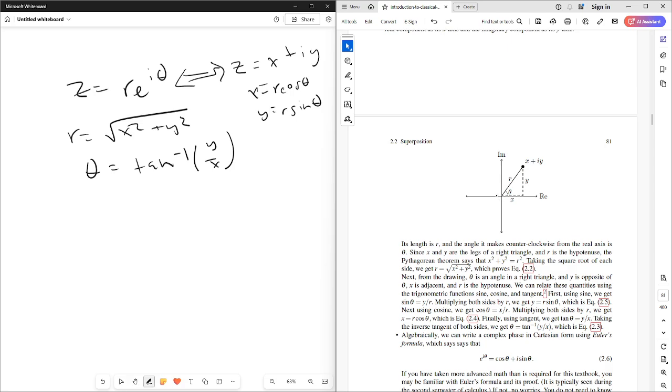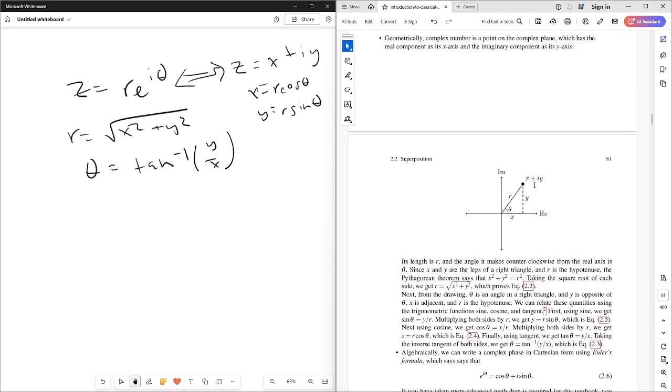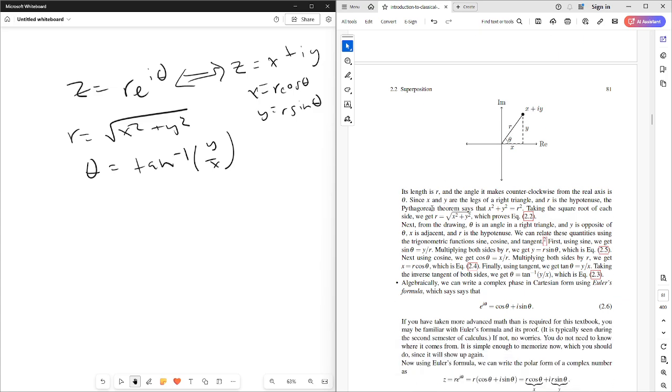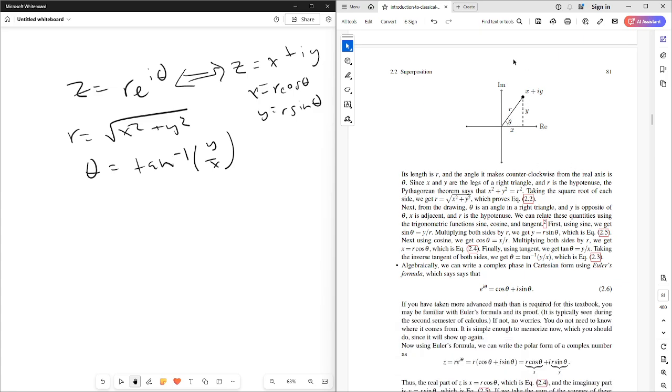So your components mention the axes. We're in the imaginary axis here. So we've got r, theta, x, y.